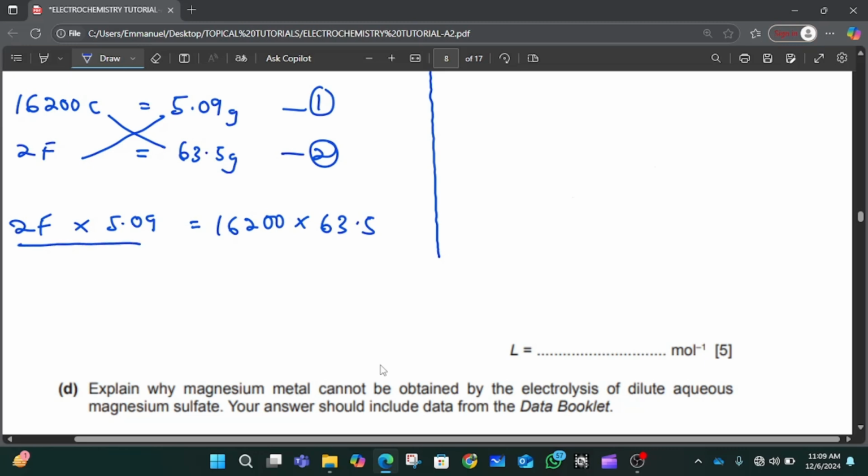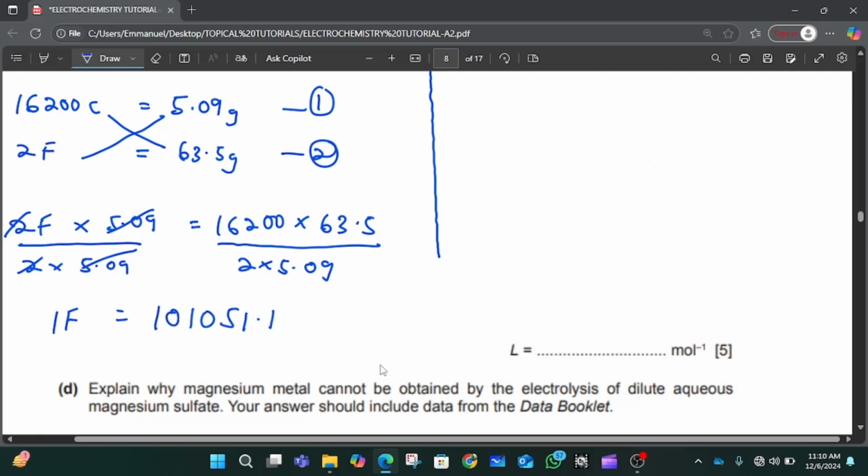And so we divide through by 2 times 5.09. We cancel this out, and once we do this, we now have 1 Faraday. So 1 Faraday is equal to 101,051.1 coulombs.